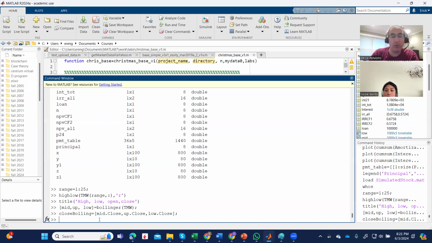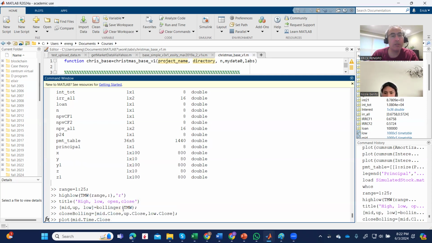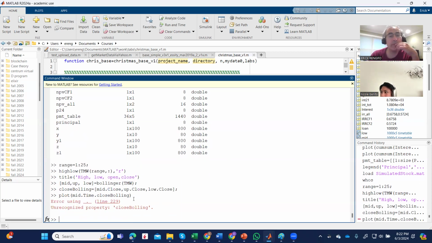And then what I will do is I will plot mid time and close Bollinger. Mid close, up close, low close.